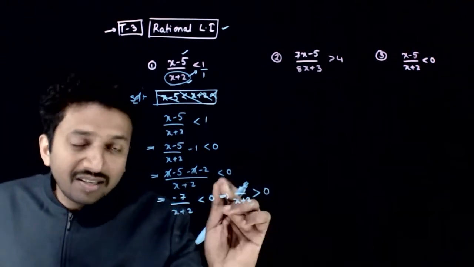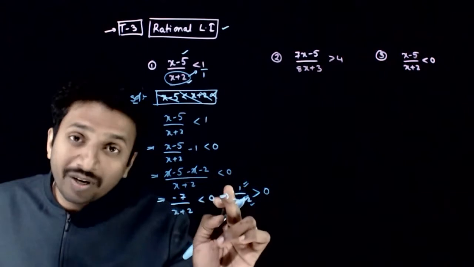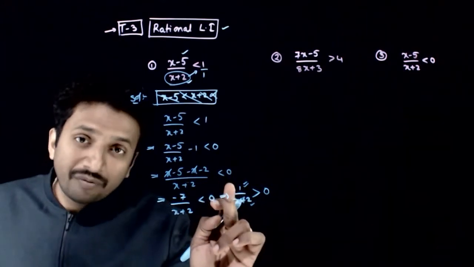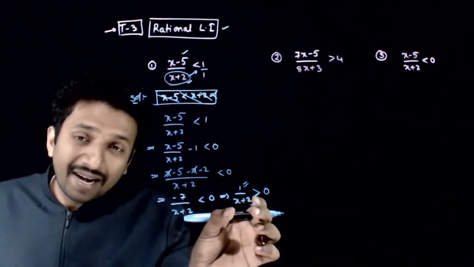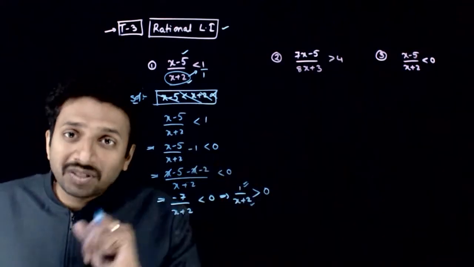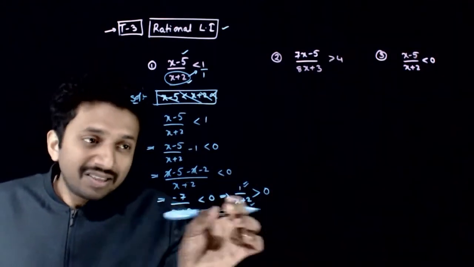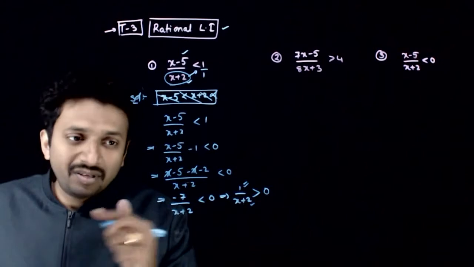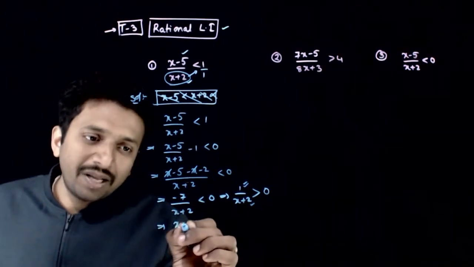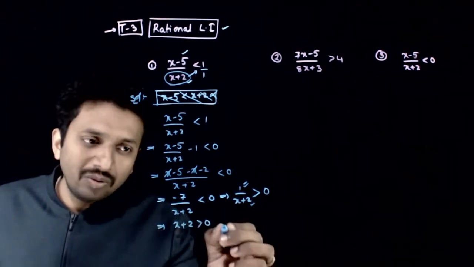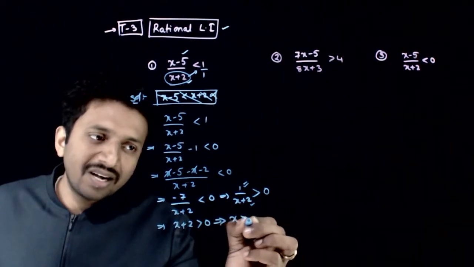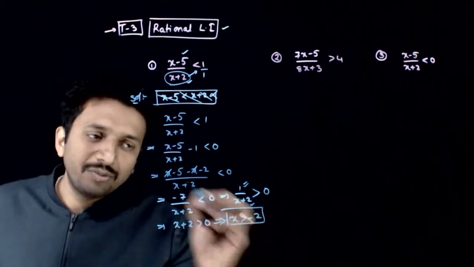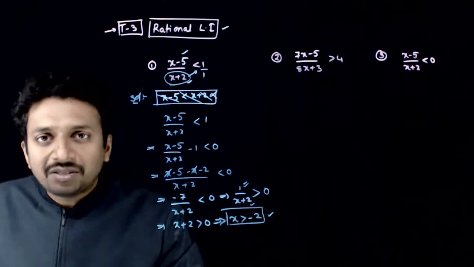And you can very clearly see that the numerator is positive. So if the numerator is positive and the fraction is also positive, then obviously the denominator has to be positive. So this implies x plus 2 has to be greater than 0. This implies x is greater than minus 2.